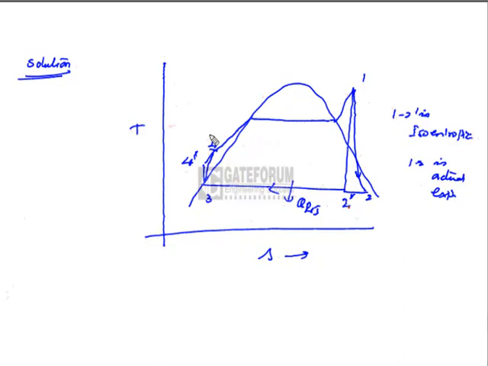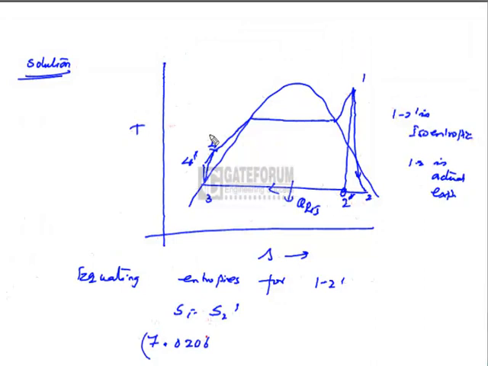Now, first of all, let us calculate the enthalpy at 2 dash, from which I can calculate the enthalpy at 2. Equating entropies for 1 to 2 dash, because it is isentropic, S1 is S2 dash. S1 is given as 7.0206, corresponding to boiler pressure of 80 bar and superheat temperature of 600 Celsius.